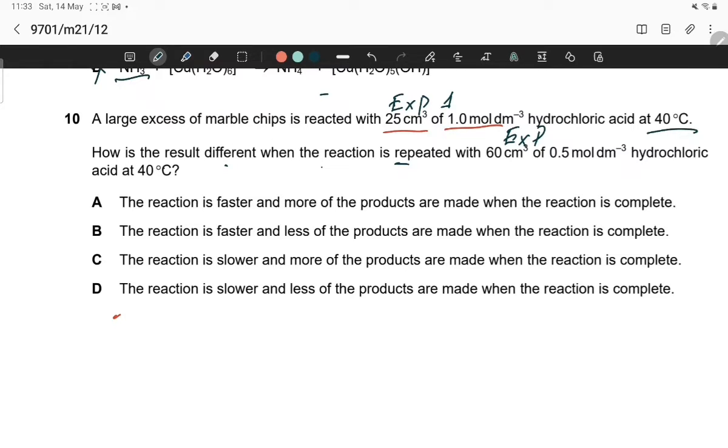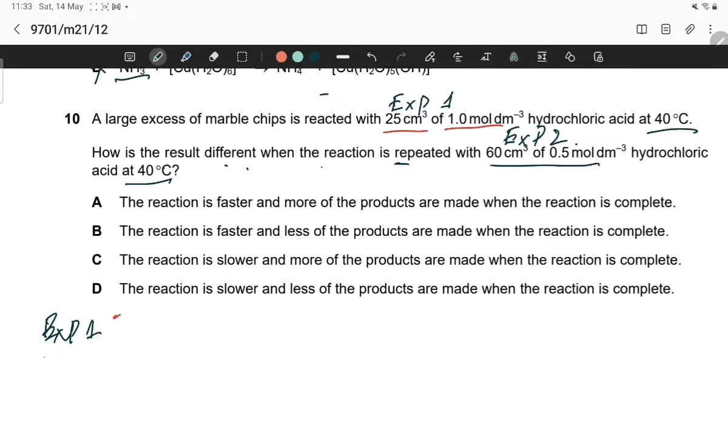Over here at 40 degrees centigrade, over here at 40 degrees centigrade, but the concentration and volume are different. Experiment 2 is 60 centimeter cube of 0.5 mole per dm cube. So let's find out moles in both experiments.